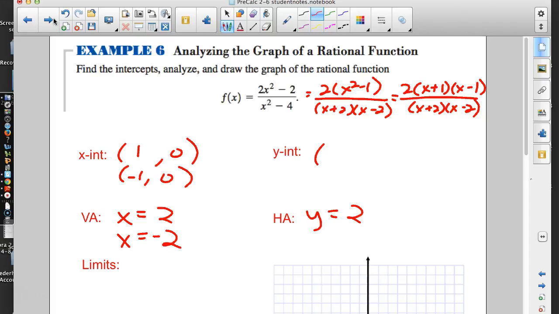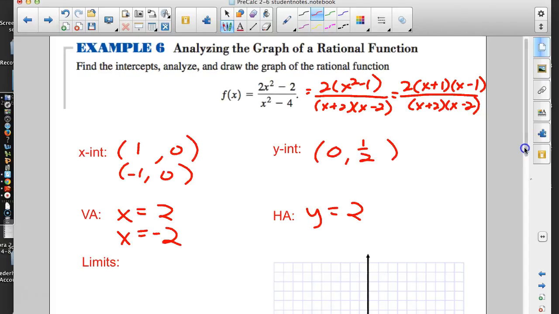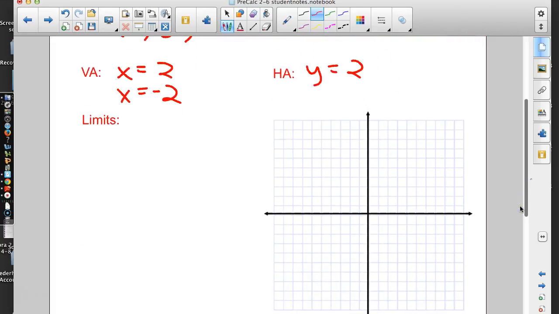Well, we're only going to get one answer if we put x in for 0 there. -2 over -1. And we get 1/2. So we know we're going to have to do the limits for asymptotes. Before I go there, though, should we be checking for a slant asymptote on this one?